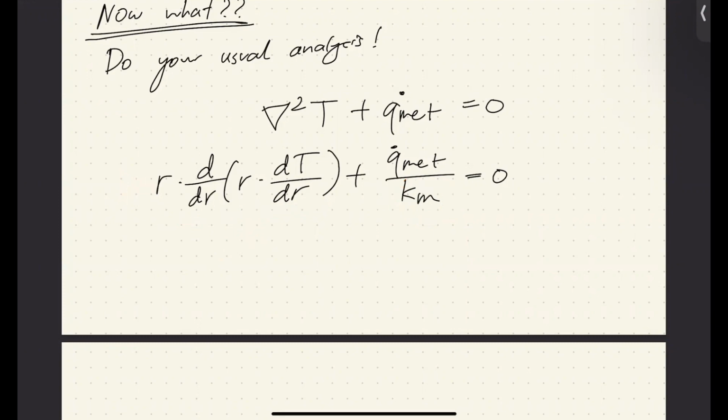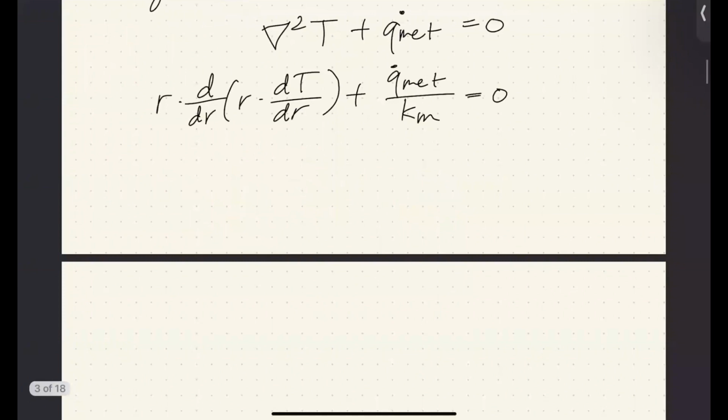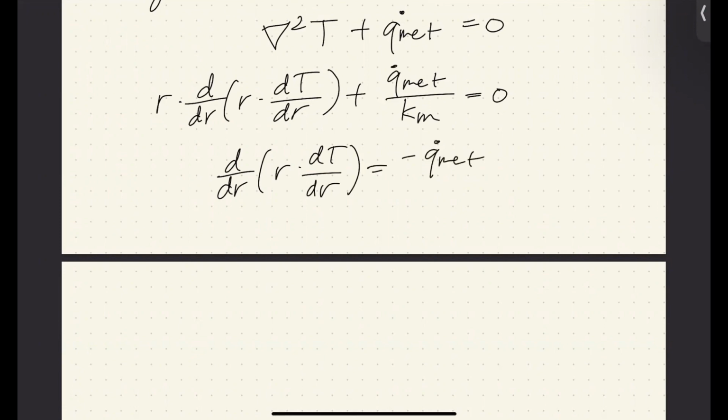So now, what do we do? Well, let's move over the r. Let's keep it at d/dr. r dT/dr equals negative Q met over Km times r, right?